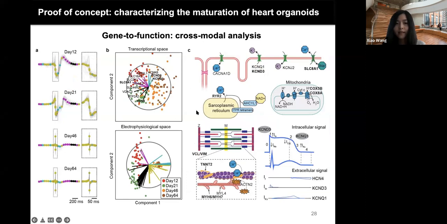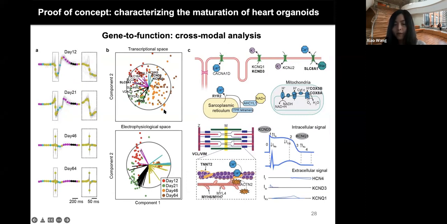And more importantly, because we have this direct correlation between gene expression and electrophysiology, we can further correlate exactly which gene may contribute to which electrophysiological features.